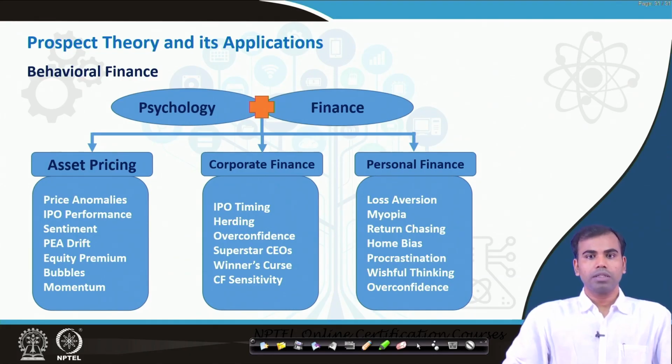If you look at standard finance theory, most of the theories are based on some standard economic assumptions, where economic agents, that is individuals, are supposed to undertake decisions which are in their best interest.